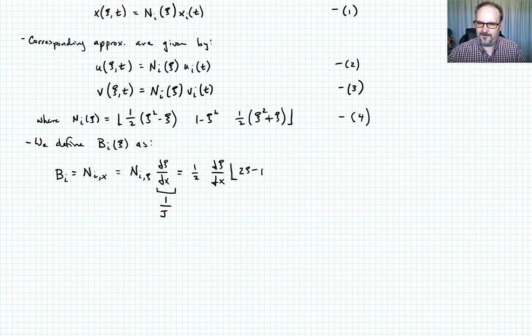This becomes negative 2c, but I have a 1/2 there, so we have to write it as negative 4c. And then this quantity becomes 2c plus 1. Okay, let's call that equation 5.